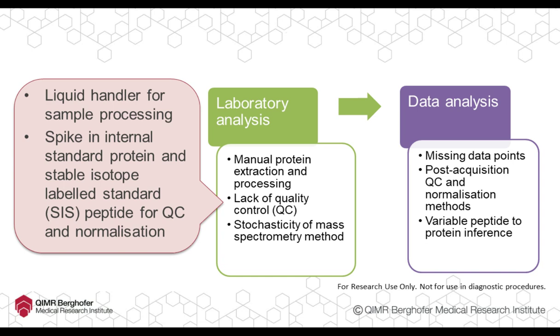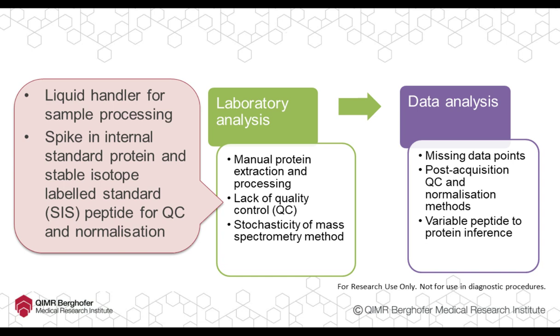Then coming to the laboratory aspects, there are several ways that one can try and minimize sample variability during processing. Very important and very useful is to use a liquid handler for sample processing. And this is not only to save the hands of your very talented and very careful research assistant or postdoc, but it actually really helps to increase the reproducibility of the sample processing.